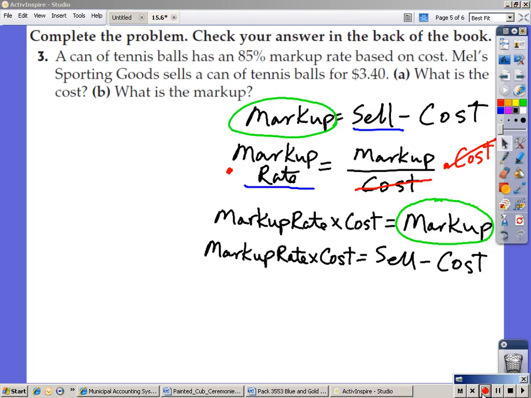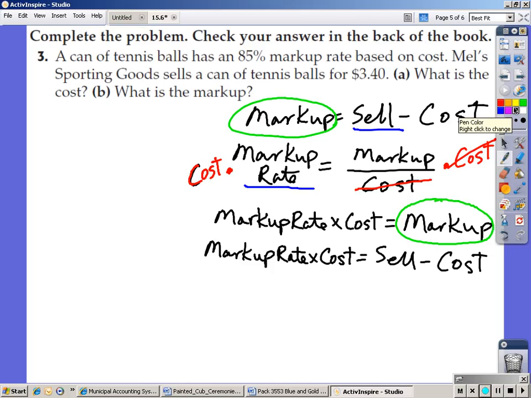Okay. So with this problem, I went ahead and copied the formulas back over to here, so we can see them. This says a can of tennis balls has an 85% markup rate based on cost.